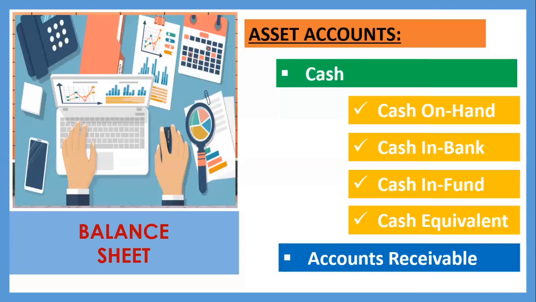Next, we have cash in fund. If we say cash in fund, it denotes money placed in a specific fund for a specific purpose. For example, we have petty cash fund. If we say petty cash fund, it is a fund intended to pay petty expenses, because a company cannot issue a check for small expenses.